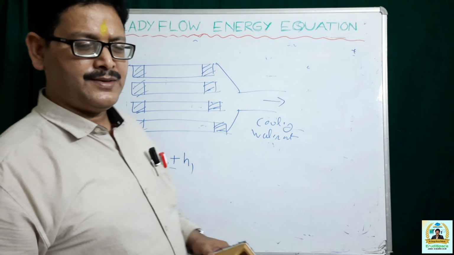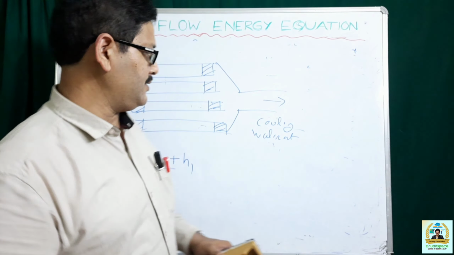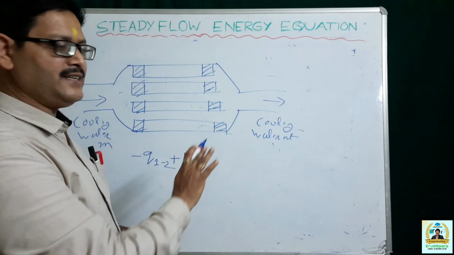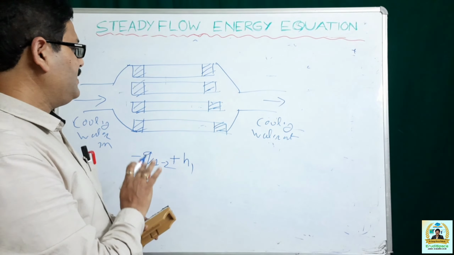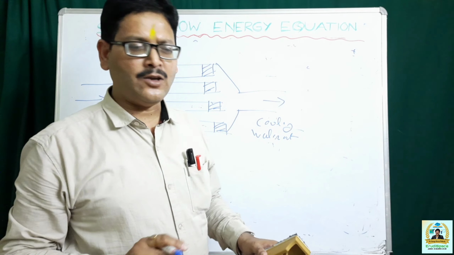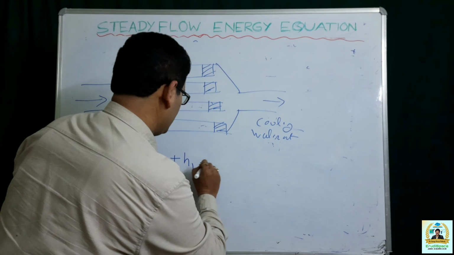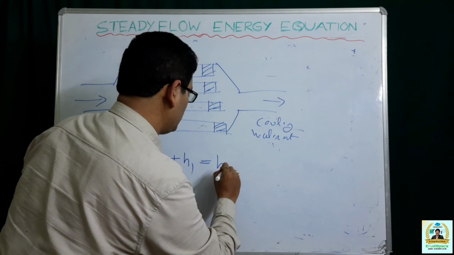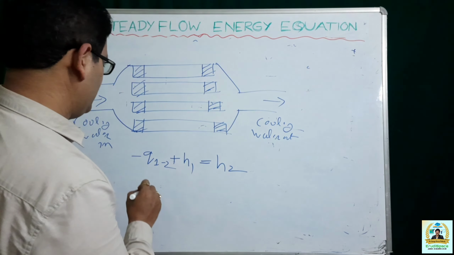As far as the kinetic energy is concerned, kinetic energy both at the entry and exit will be negligibly small, and as it is at the same level, the potential energy component can also be eliminated. So that is equal to H2.